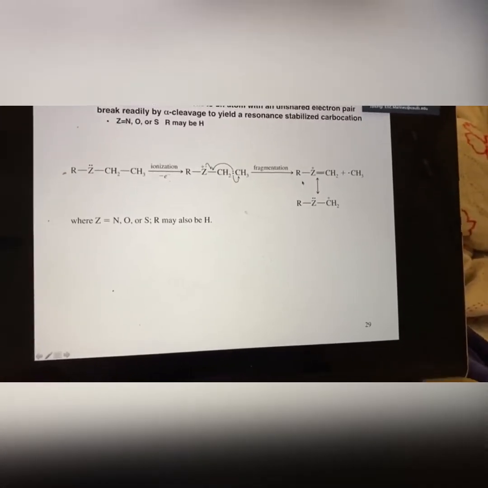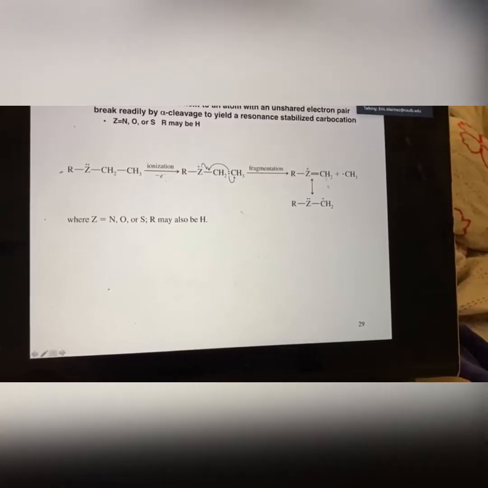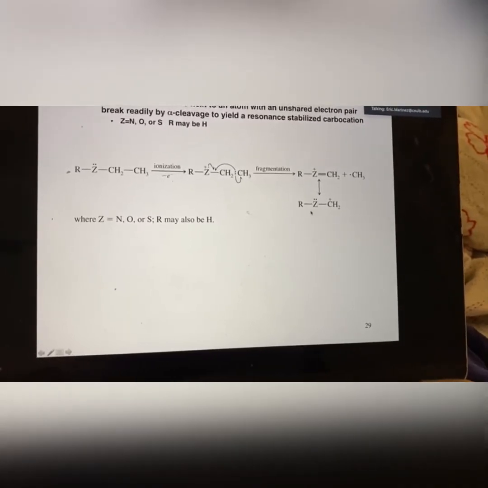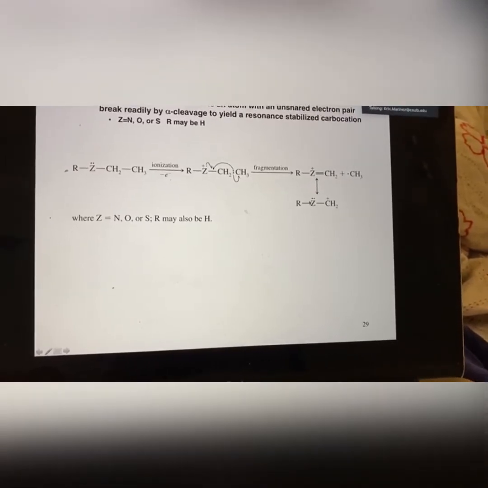Why do we see this? Again, as I pointed out to you guys, we see alpha cleavage mechanisms prevalent because they always form resonance stabilized carbocations. In the case of acylium ions, I showed that. In the case of double bonds, I showed the allylic. In the case of Z, we're basically forming a resonance structure. Okay, so if this was oxygen here, right?